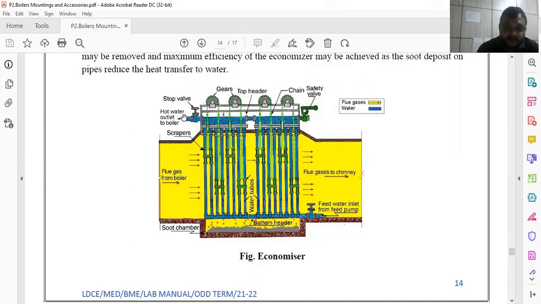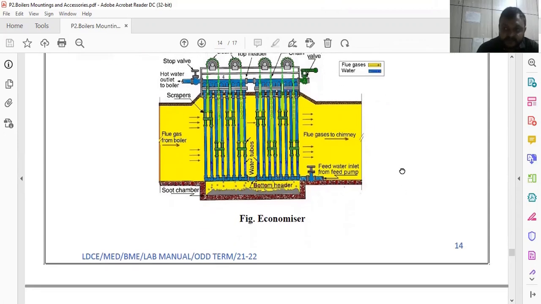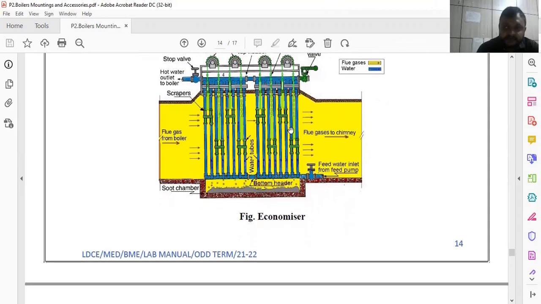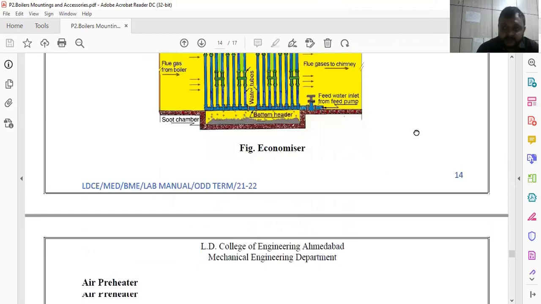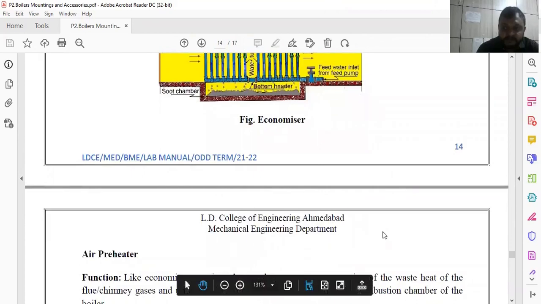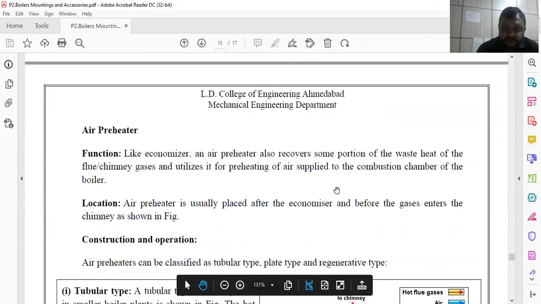This is the hot water outlet and normal water inlet, and the flue gases are going towards the chimney, normally via the air preheater. The yellow color is the path of the flue gases, and the blue color is the path of the water to be preheated before being sent into the boiler.